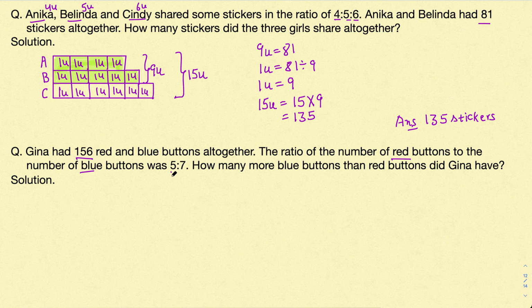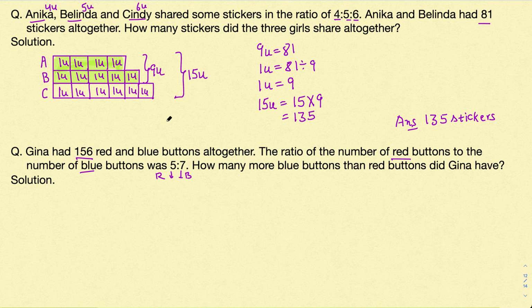That means the red button is 5 units and the blue button is 7 units. So you can clearly see from here, right? Since the number of units of blue button is more than the red one, obviously the number of blue buttons is more than the number of red buttons, right? So that's why the question is how many more blue buttons than the red buttons did Gina have, right? So it's a valid question, right?